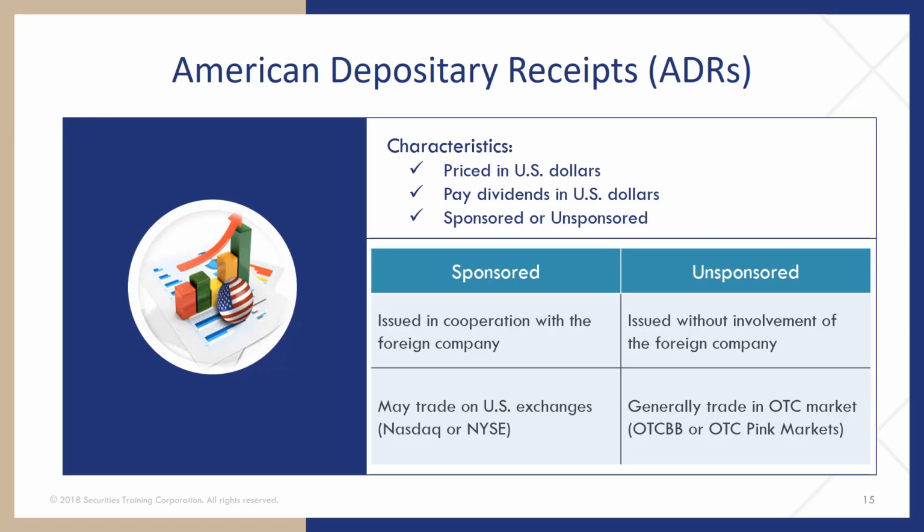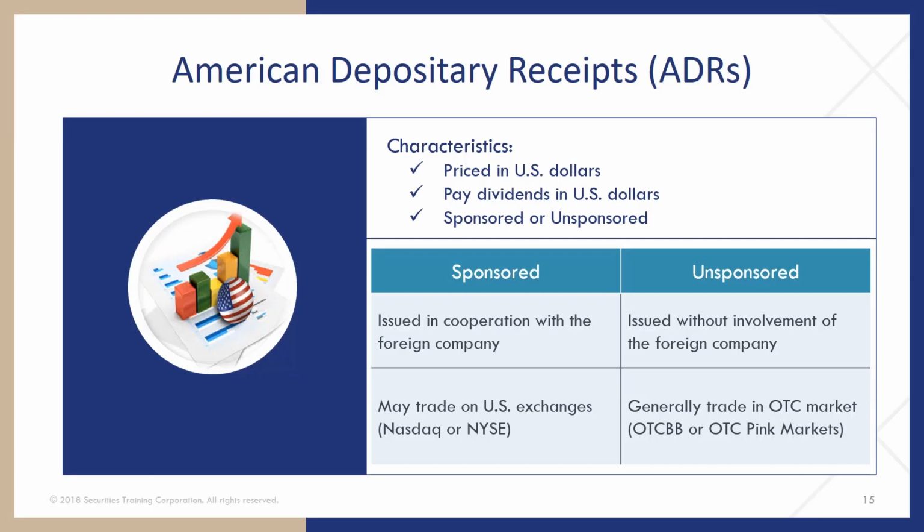Nintendo's based in Japan. They don't want to sell their shares in the U.S. So a brokerage firm says, well, we'll pay for the ADR program because we can make money on commissions by selling those shares. That's called an unsponsored ADR, and they will be quoted on the over-the-counter bulletin board or pink markets. And as we learned before, those are not exchanges, but simply quotation systems.